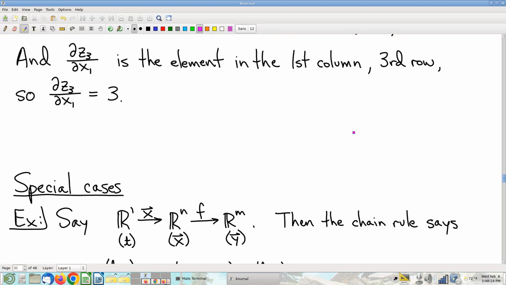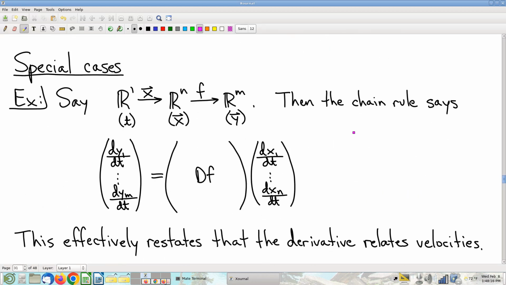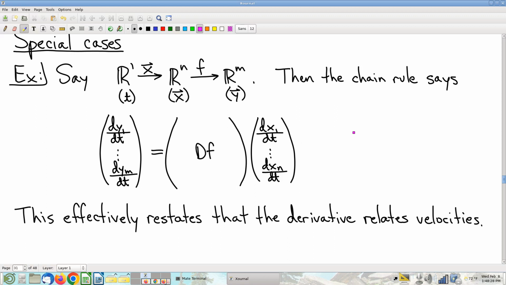There we go. Okay, so there's a couple of special cases I want to talk about. I'm going to talk about these pretty quickly because there's nothing that exciting happening here, but I do think it's worth pointing out. Let's consider first the special case of when we have just a single input variable to our first function in the composition. Right, so R1 starting us off there.